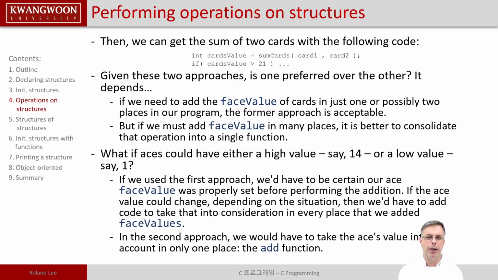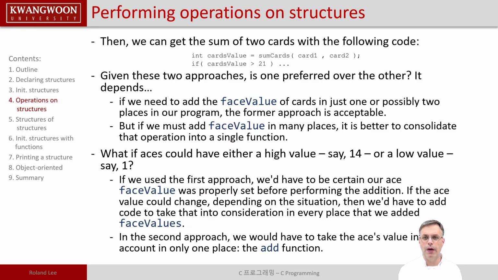The former approach is acceptable. If, however, we must add face value in many places, it is better to consolidate that operation into a single function. Any changes or enhancements that must be made to the operation can then be made in a single place, the one function. All calls to that function would remain unchanged.